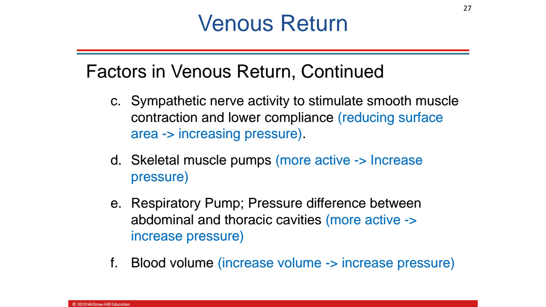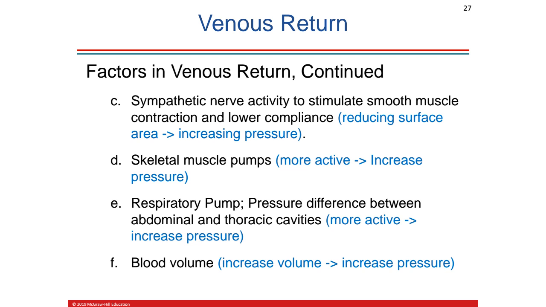They have one-way valves, and when they're squeezed, they generate pressure by pushing blood towards the heart. So as you become more active, there's an increase in pressure due to the fact that you're pushing blood towards the heart. That helps with the fact that the venous system vessels have such a low pressure to begin with. There's also the respiratory pump.